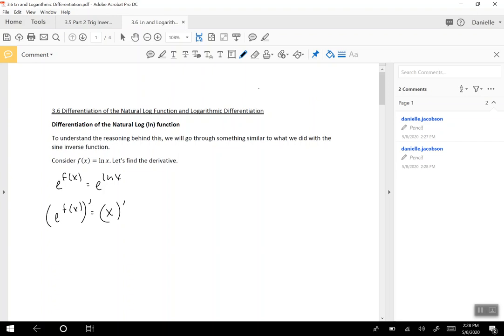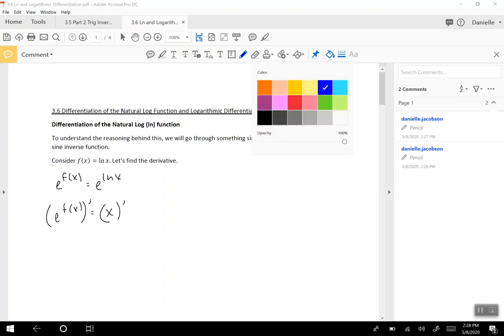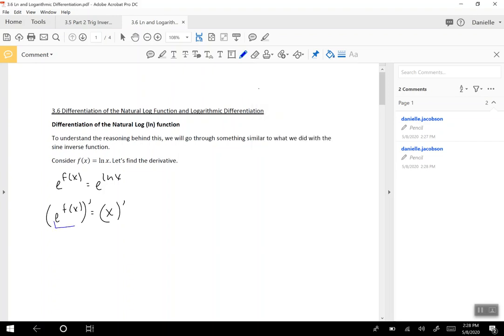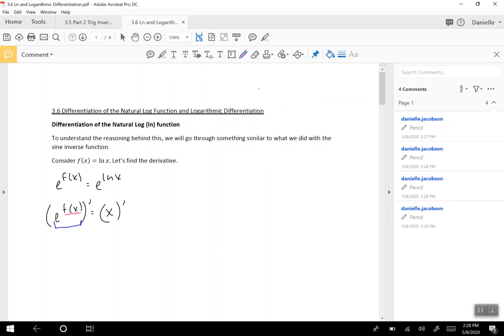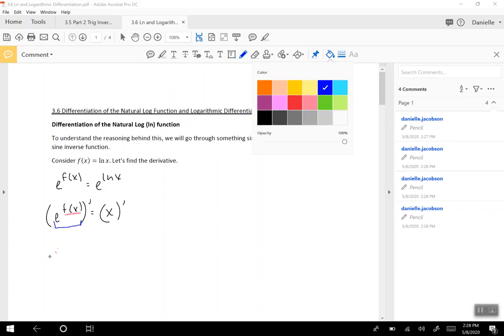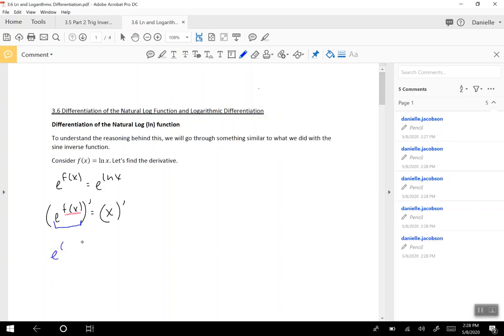All right, looking on the left-hand side of this, we should recall from the chain rule that we can have e as our outside function here, and f of x as our inside function. Right, so if we take the derivative of our outside function, we have e to whatever's on the inside, which we decided was f of x.